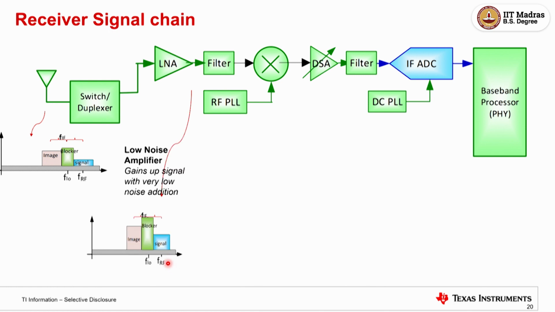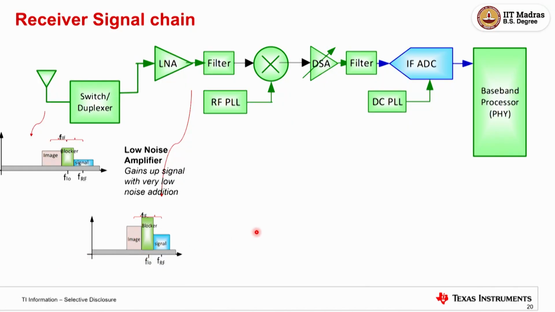So the first block is a low noise amplifier, which is basically, as the name suggests, an amplifier. As I said, antennas are all passive circuits. I said there is thermal noise, we'll see what it is. So before you give anything to your following circuit, you have to amplify it, because otherwise it's very feeble. The antenna signal is very feeble, because you are receiving some very far end signal, so you have to gain.